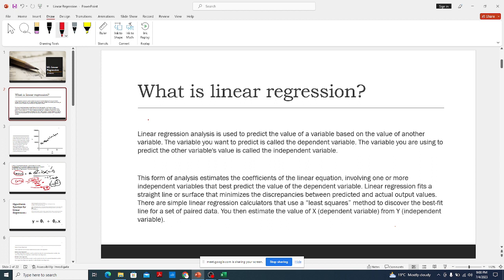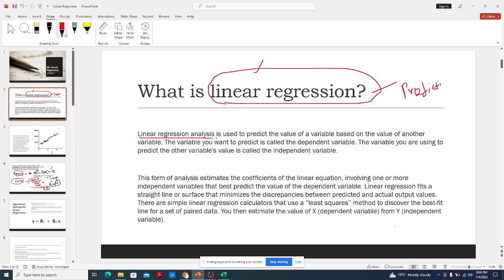Because under linear regression, we usually build some linear models that help us in prediction. So when we talk about linear regression, we are talking more of predictive analysis. So, what is linear regression? Or what do you understand by the term linear regression?